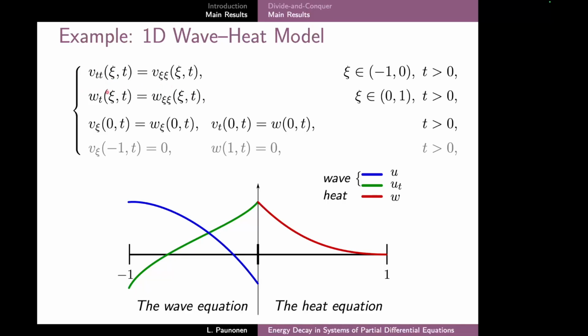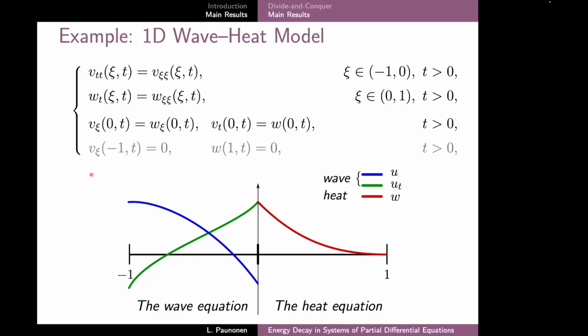So here the subscripts denote the partial derivatives with respect to the two variables, and then a heat equation. The wave equation lives on the interval from -1 to 0, and then correspondingly the spatial domain of the heat equation is the interval from 0 to 1.